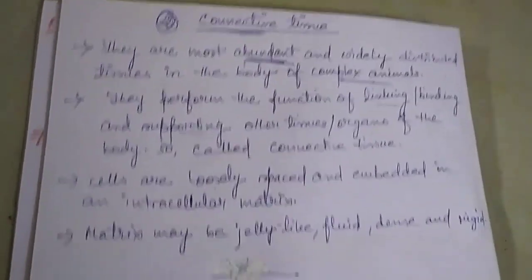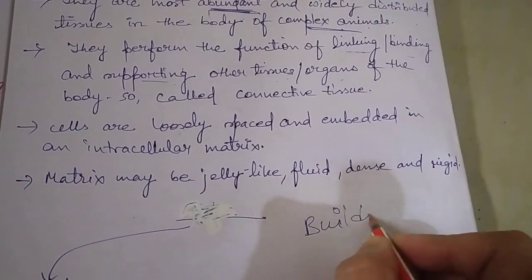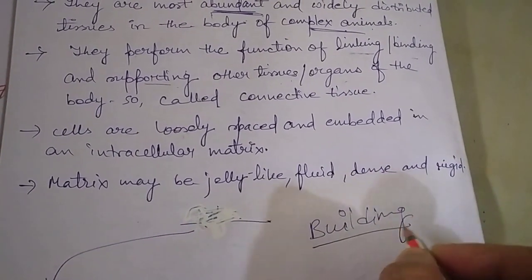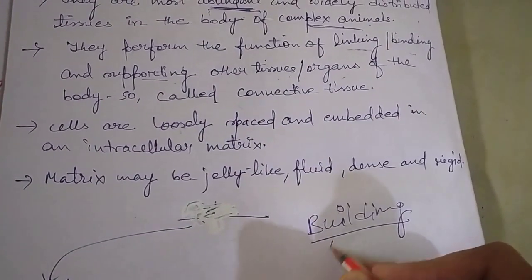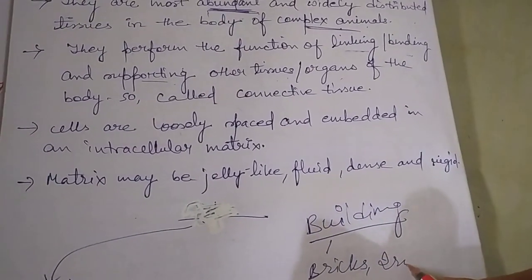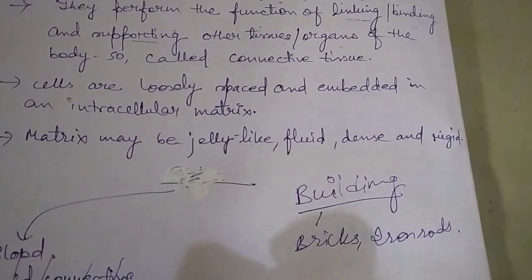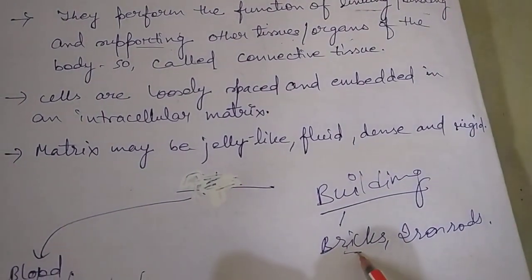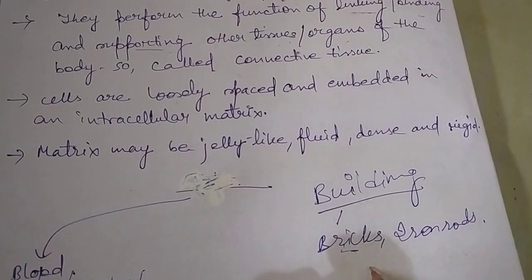Okay. For example, I am giving you one example. When you talk about buildings, if somebody asks what a building is made up of, you will simply say it is made up of bricks, iron rods, etc. Okay. But the most important thing is that if there is no holding material, the bricks will fall apart.